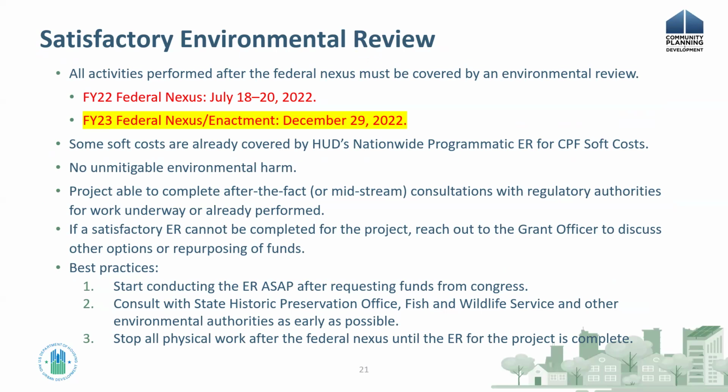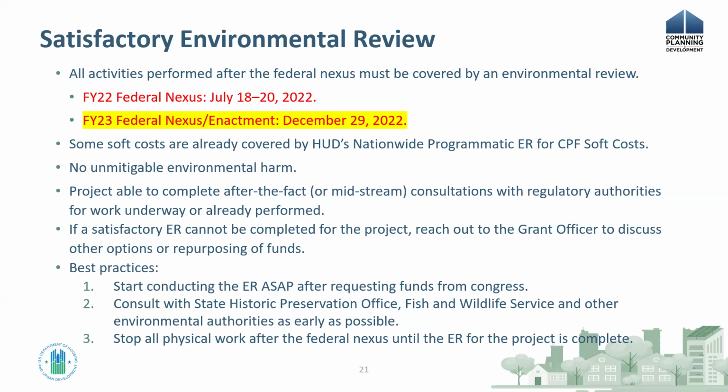A satisfactory environmental review must include an analysis of the applicable environmental laws and authorities, a determination that the project activities will not result in environmental harm that cannot be mitigated, complete all consultation with federal and state agencies in a manner that allows for mitigation measures or conditions to be implemented, and request for release of funds and certification for projects that have been approved by the HUD CPD Field Office Director, if required, depending on the level of review.